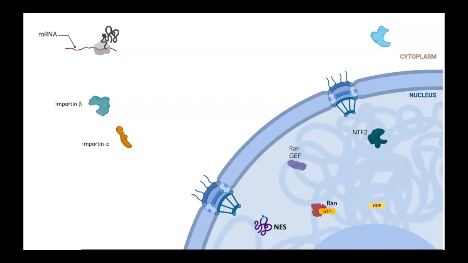And many proteins that cycle back and forth between the cytoplasm and the nucleus are associated with other proteins that can mask either the nuclear localization or the nuclear export signal in order to keep them in the compartment where they're needed. If any part of this process breaks down and the cell is unable to move proteins from the cytoplasm to the nucleus or vice versa, it can be devastating, and deficits in this process are implicated in a number of diseases, such as cancer.